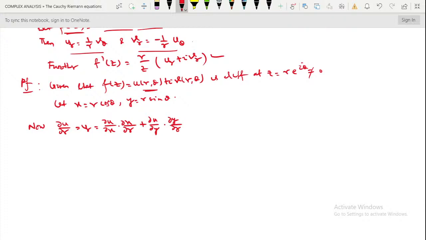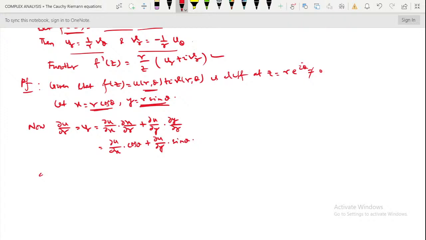Here x equals r cos θ and y equals r sin θ, so ∂x/∂r is cos θ, and ∂y/∂r is sin θ. So this is ∂u/∂r, or u_r.